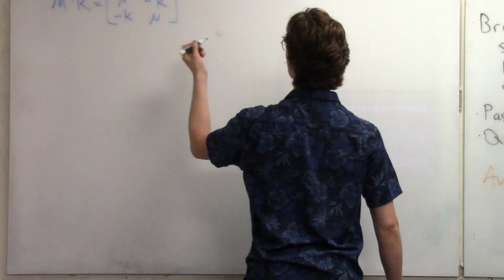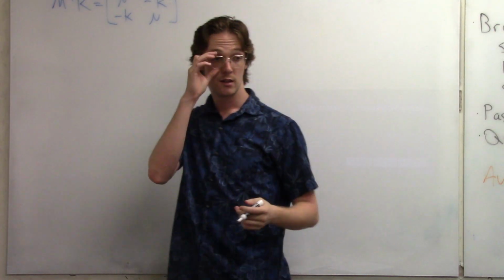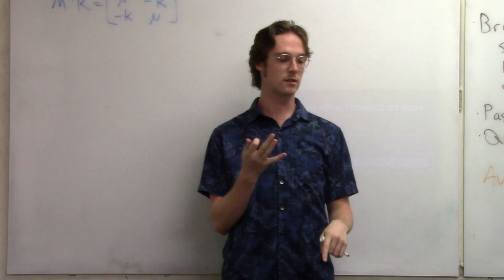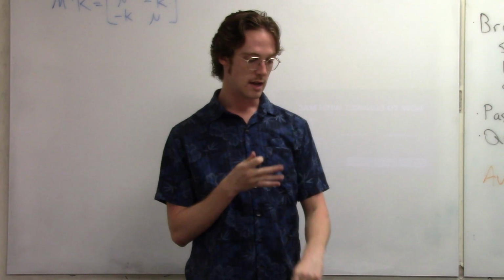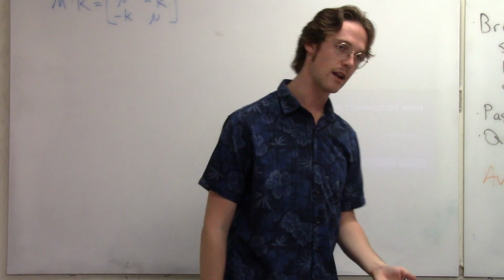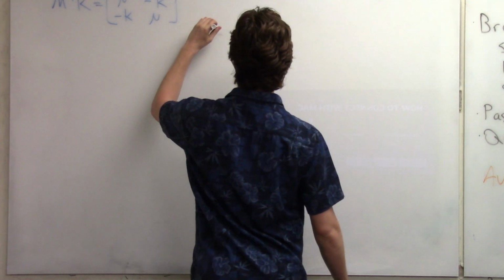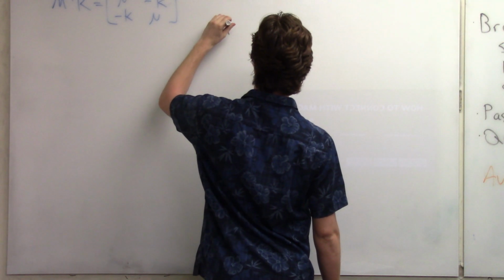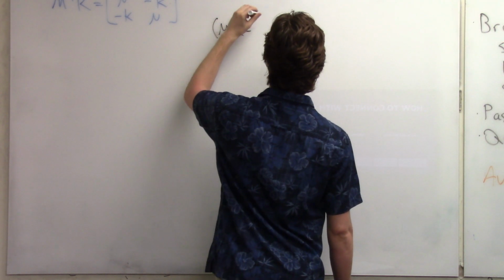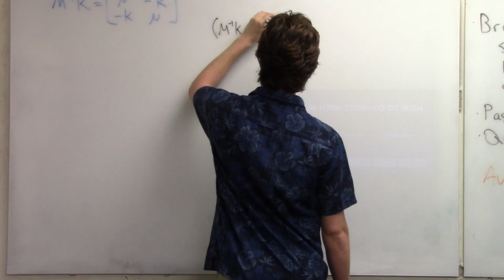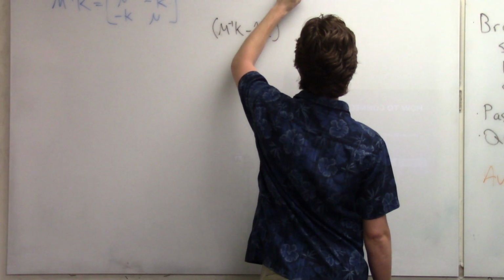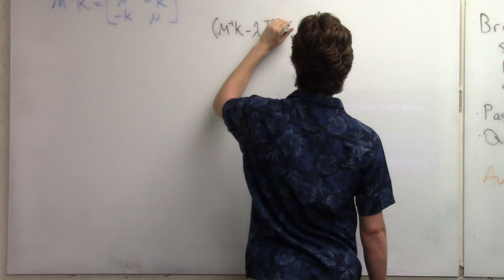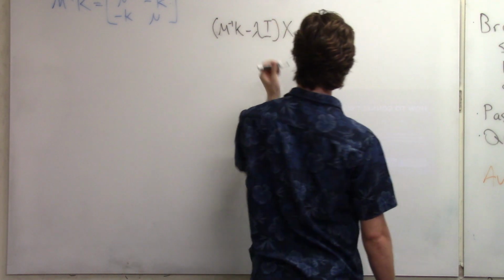I'm going to just go ahead and write out what we got, because that has options in terms of x, in terms of omega squared, and in terms of our M inverse K. So that's perfect. I'm going to write M inverse K minus lambda I, where lambda is equal to omega squared, x equals 0.